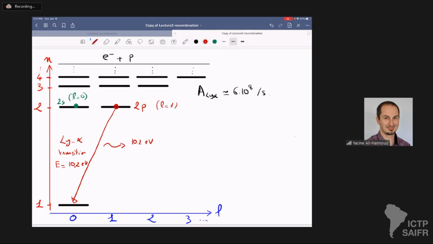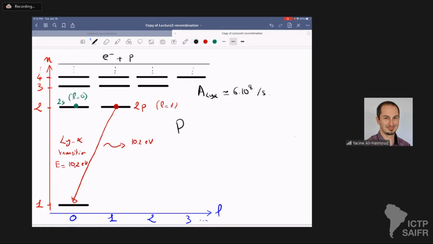Except here we have to account for the fact that this is a resonant transition. And if the photon, before getting reabsorbed, has redshifted sufficiently out of the resonance, then it may no longer be reabsorbed. It may escape reabsorption.